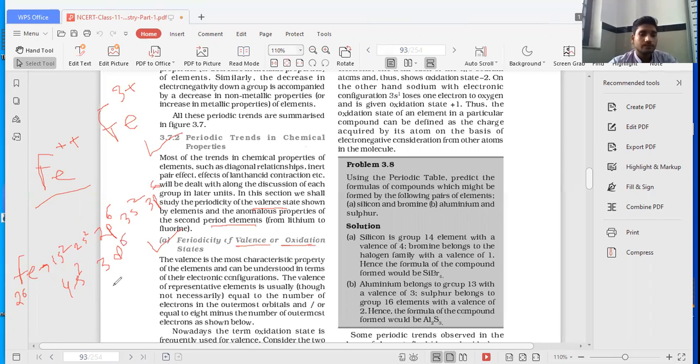All right, this is the electronic configuration of iron in neutral state.